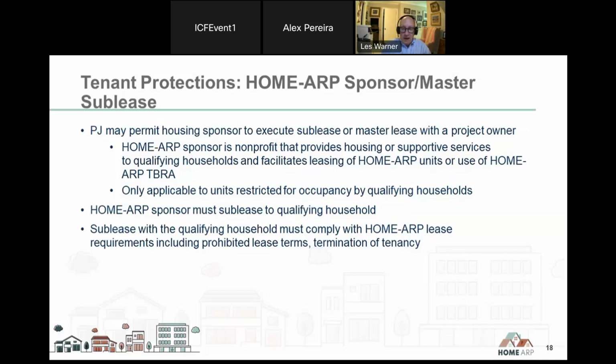And of course, we're going to have documentation, a paper trail, to show that with that master lease, they have identified and executed appropriate subleases for those households, being able to document that they are eligible, that they are paying an appropriate rent, that restrictions about protecting them from lease provisions and other things are all being followed as part of that sublease that's being done by our HOME-ARP sponsor.